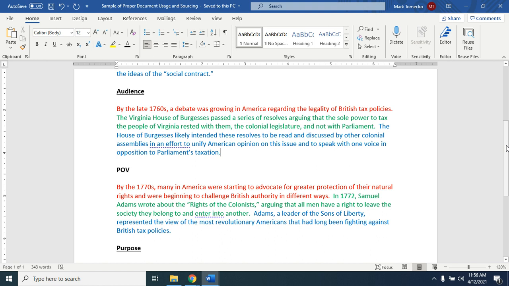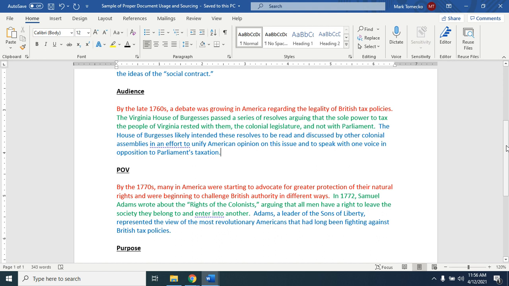The Virginia House of Burgesses passed a series of resolves arguing that the sole power to tax the people of Virginia rested with them, the colonial legislature, and not with Parliament. The House of Burgesses likely intended these resolves to be read and discussed by other colonial assemblies in an effort to unify American opinion on this issue and to speak with one voice in opposition to Parliament's taxation.